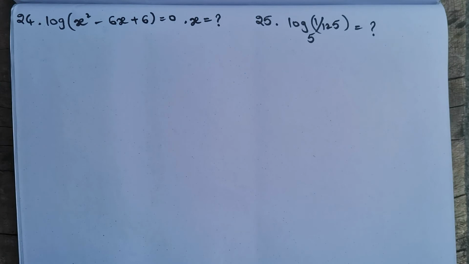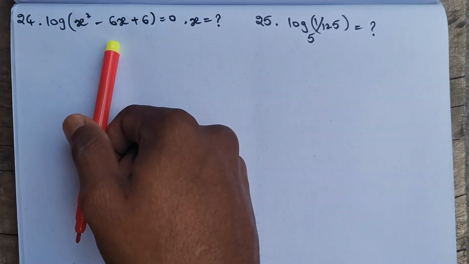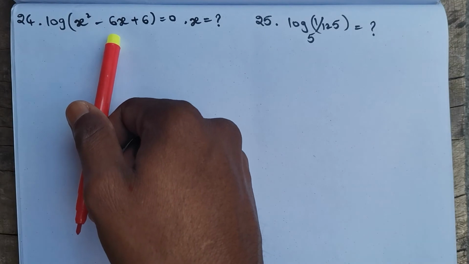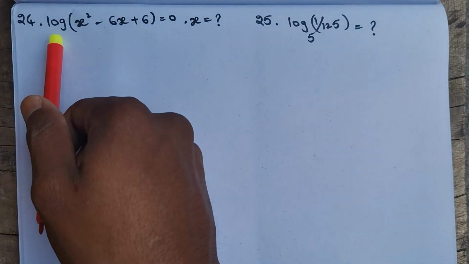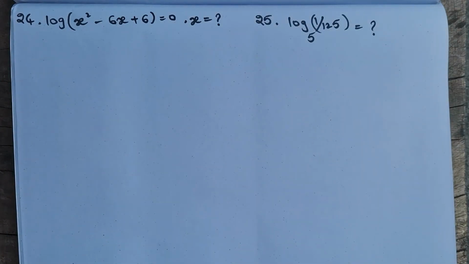Here question number 24. Log of x square minus 6x plus 6 is equal to 0. If you observe this clearly, this is a quadratic polynomial, or simply a polynomial. Here the polynomial is connected with a logarithm. These are connective type questions.